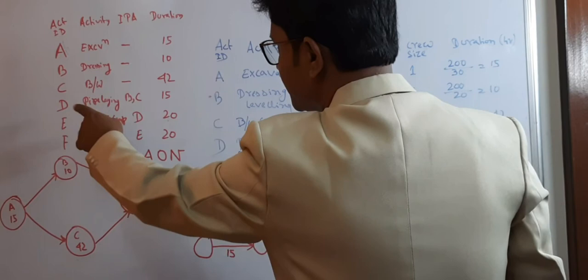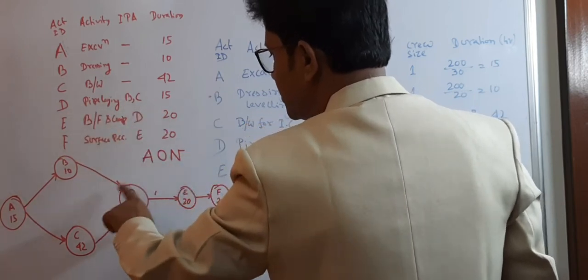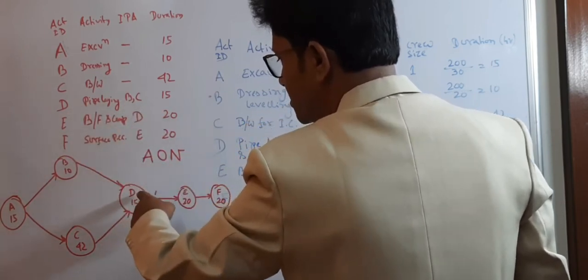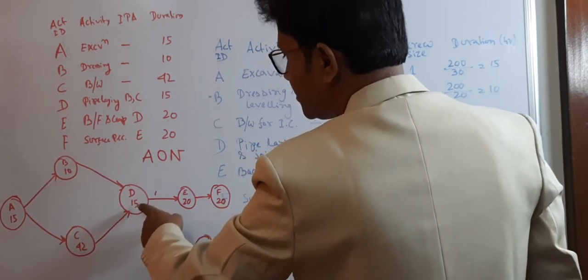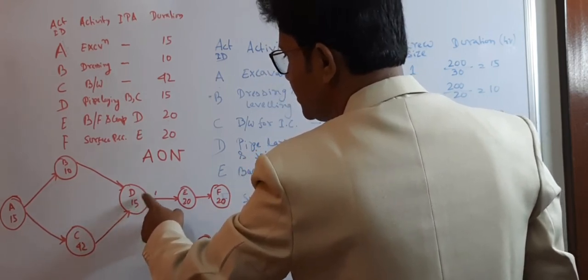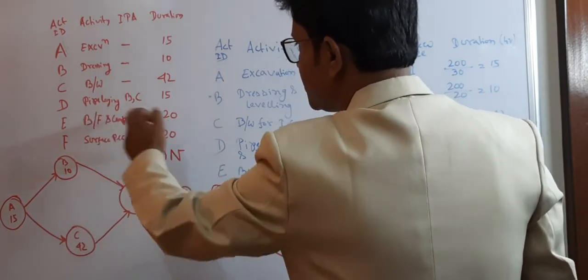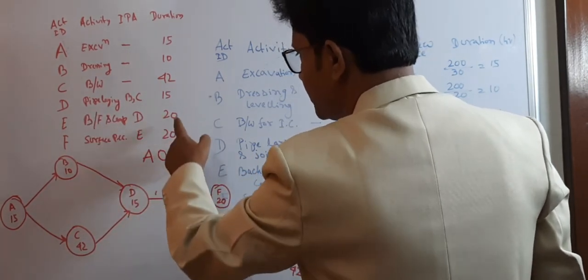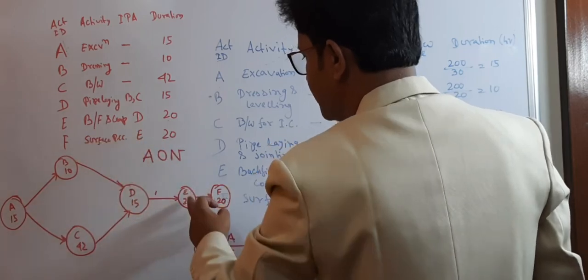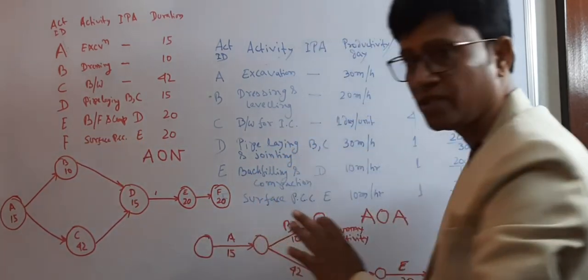Then D is dependent on B and C, so B is coming to D of 15 hours, and C is also coming to D of 15 hours. That is, D is dependent on both B and C, and then E is dependent on D of 20 hours, and F is dependent on E of 20 hours. So this is very simple.